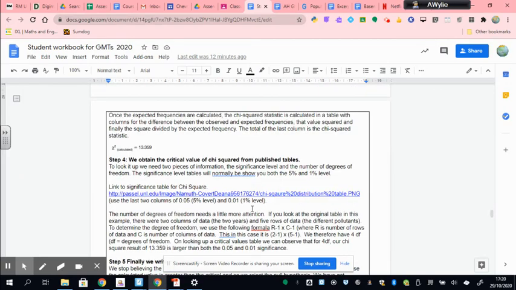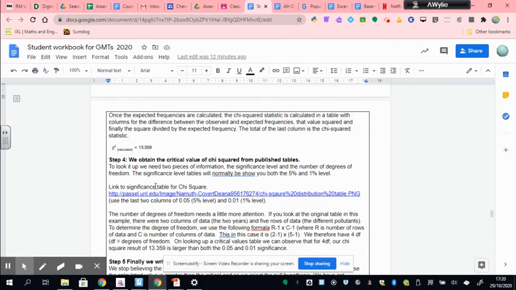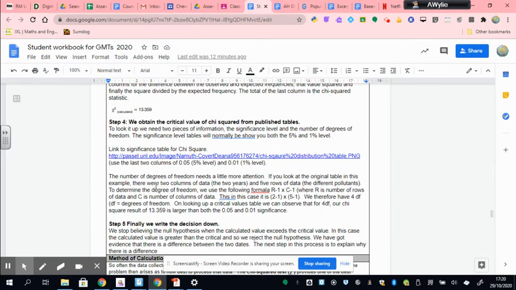Now this is a bit like using your critical values for the Spearman and Pearson's. The only difference is instead of a critical value and the n, we have what's called a degree of freedom. Now, I'm not going to explain how you calculate the degrees of freedom, but we need to take that number and find out what the number of degrees of freedom we have. And in this particular example, we have 4 degrees of freedom, okay?